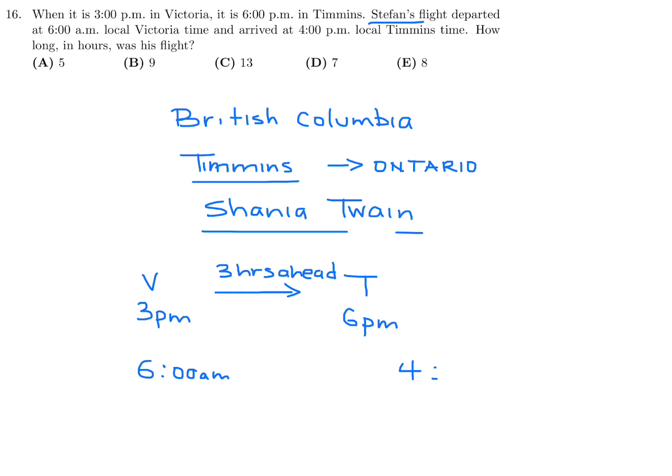But when it's 4 p.m. Timmins time, Timmins is 3 hours ahead, so it's actually 1 p.m. Victoria time. So we have to just look at 6 a.m. to 1 p.m. Victoria time, and if you do, that's 7 hours. So therefore, number 16, the answer is D.